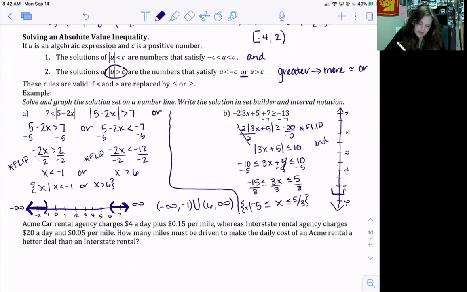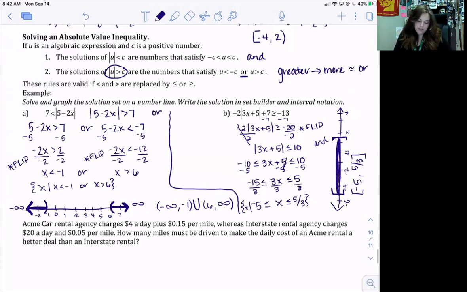And since we're looking at everything in between, 5/3, 3 goes into 5 once with a remainder of 2. So that's going to be 1 2/3. All right, and then we're going to shade everything in between. And then our interval notation is going to match with negative 5, 5/3, both with brackets.